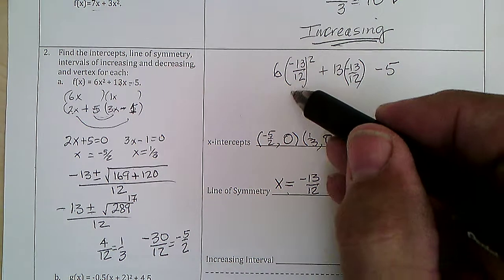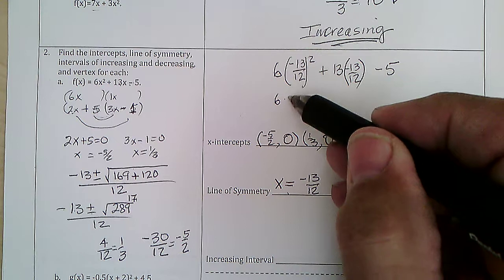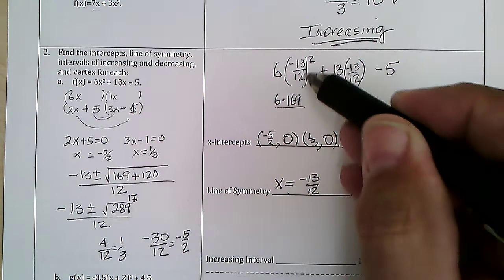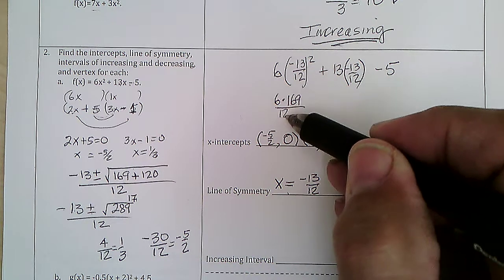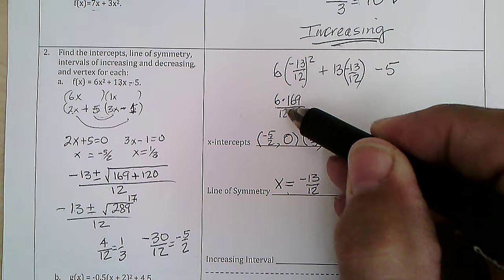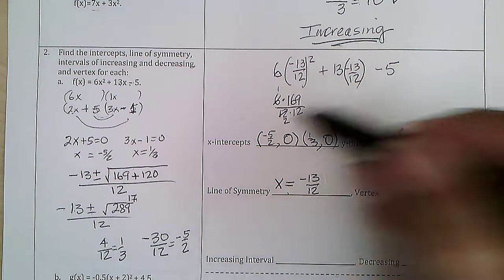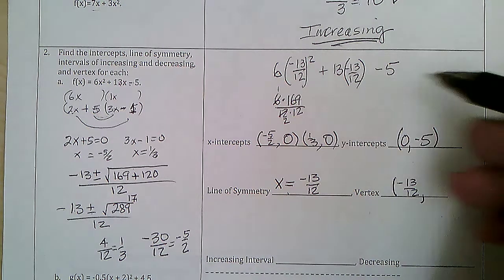So that's 6 times negative 13 times negative 13 is positive 169 divided by 12 times 12. I'm going to just write 12 times 12 because then I can divide the 12 by 6 and get 2. So I got 169 over 24.